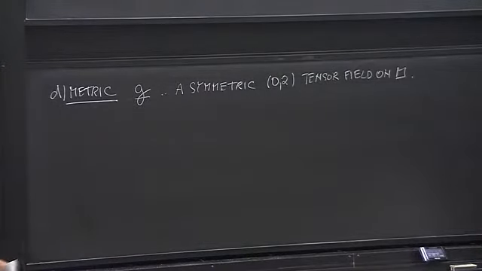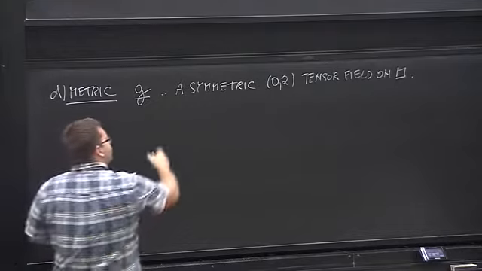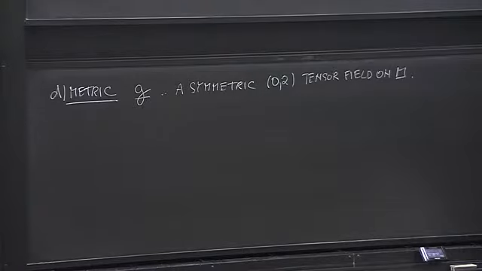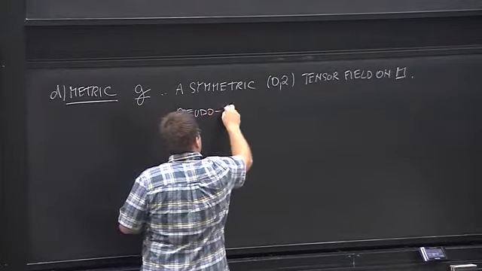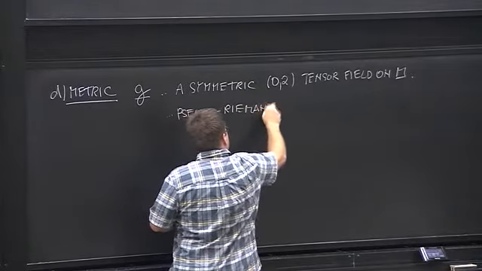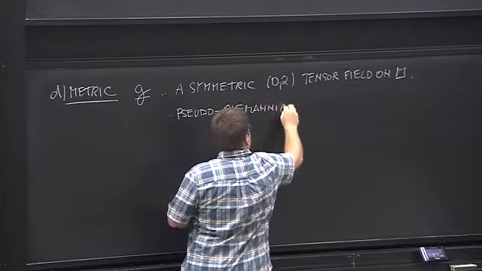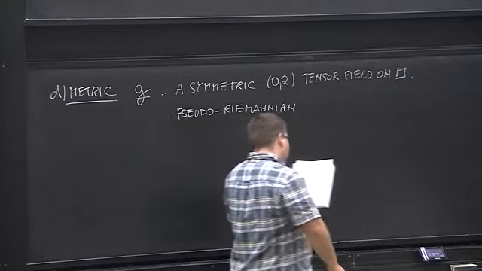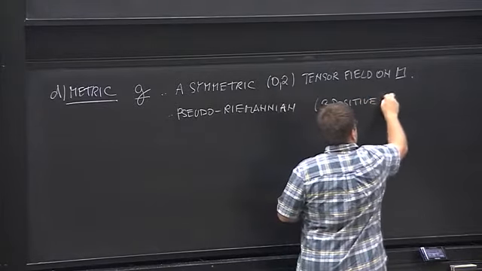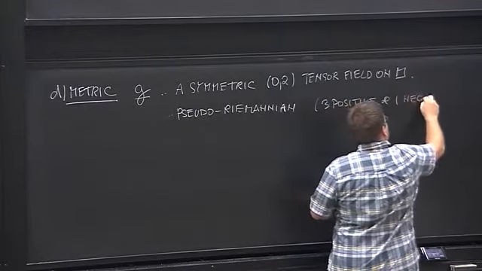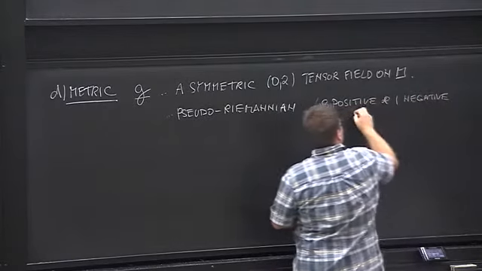So if you want the corresponding matrix g mu nu is symmetric, and what we will also be requiring for general relativity is that this metric is pseudo-Riemannian in GR. That means that it actually has 3 positive and 1 negative eigenvalue.